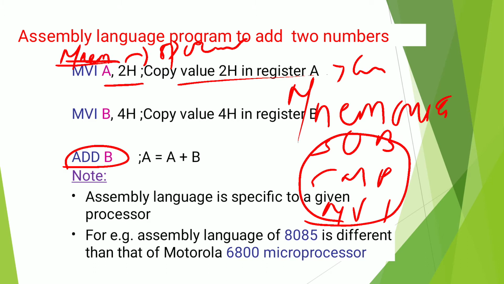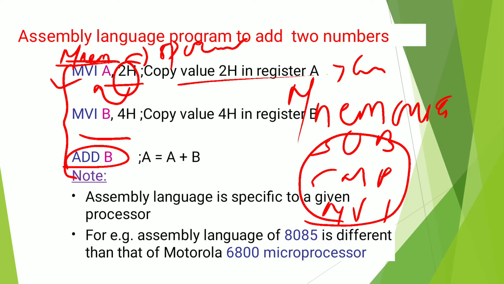Here I am taking the example that is MVI A, 2H. Copy the 2H data in register A. Now MVI B, 4H. This is the example of adding two numbers.